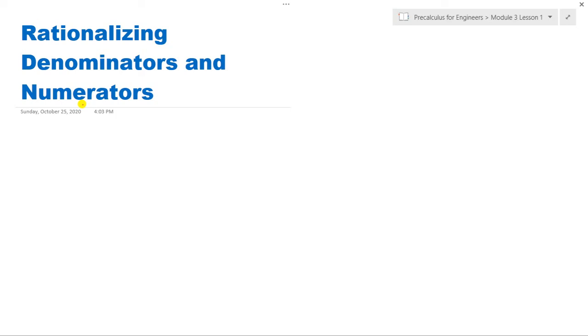So, ganun lang. Let's say if the problem asks you or requires you to rationalize the denominator, so meaning class, eliminate the radical expression in the denominator. Now, if it is in the numerator, then i-eliminate mo din yung mga radical expression sa numerator.